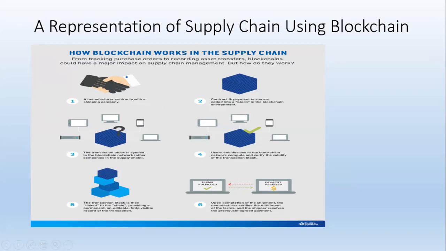The manufacturer contracts with the shipping company. Contract and payment terms are coded into blocks in the blockchain environment, and this is synchronized with the blockchain network. It is verified by the peers in the network, and then it is added into the chain of blocks, and then the transaction succeeds and payment is received.